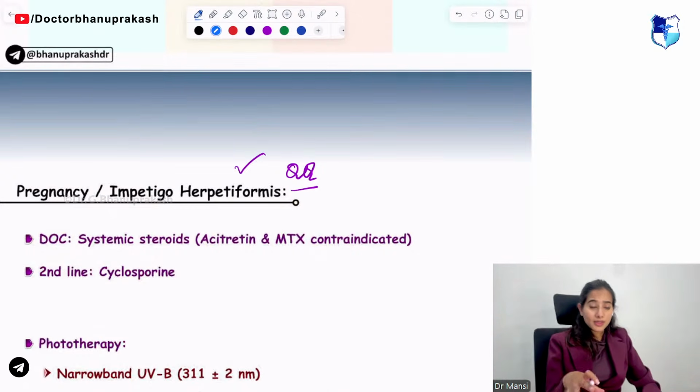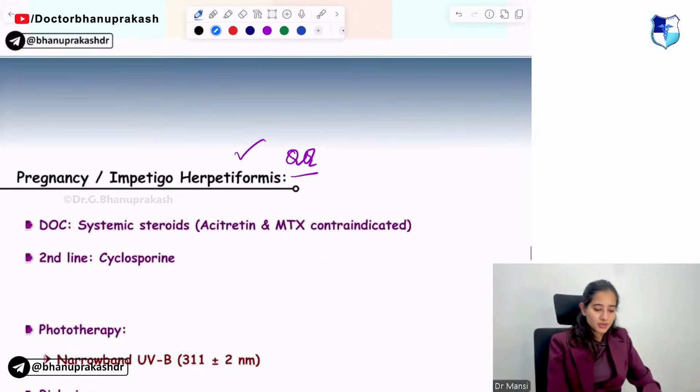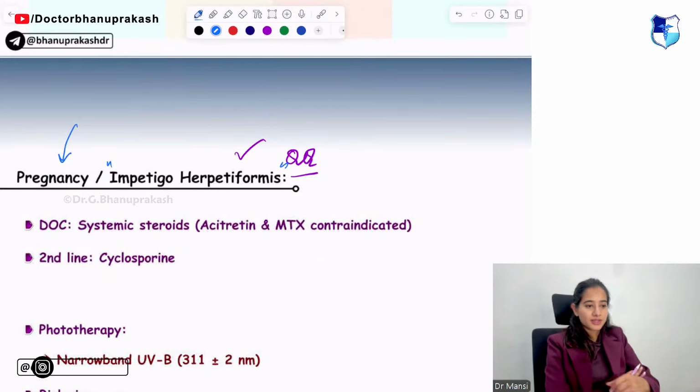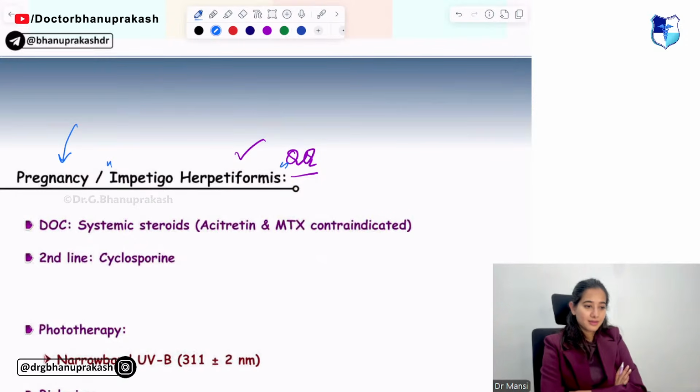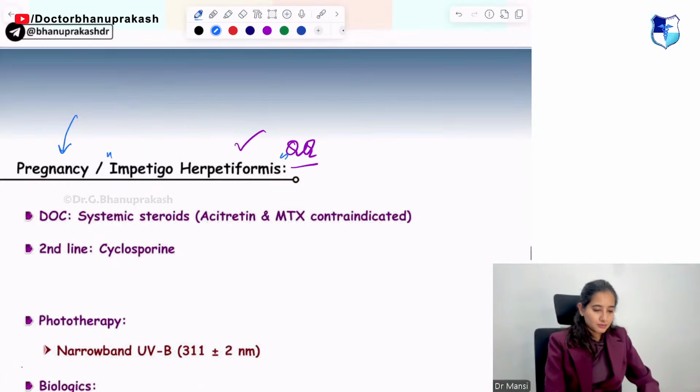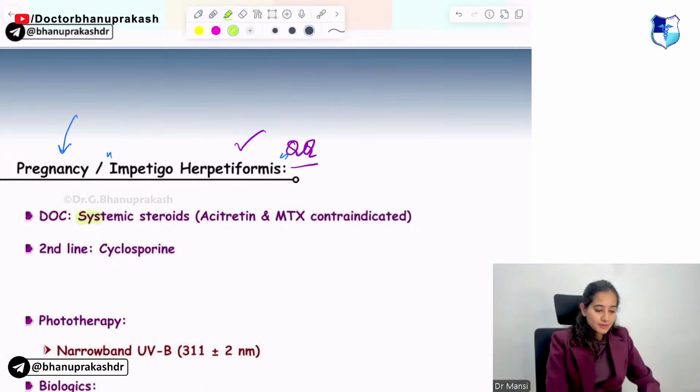So in pregnancy, which type of psoriasis comes, which we discussed? Can anyone repeat? Yes, I'm waiting for your answers. In pregnancy, again, you give systemic steroids.